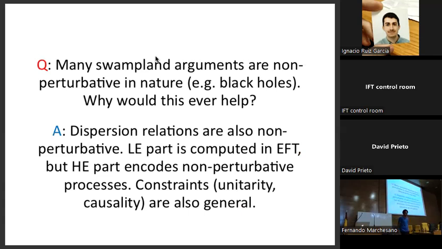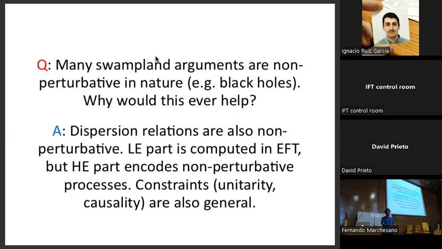But before I tell you what we do, you might ask, well, okay, you showed some things about EFTs, but why would you think that some of these things can help us constrain theories of quantum gravity, right? Like all the arguments we have are about non-perturbative stuff, like black holes, some very serious things, not about computing amplitudes in perturbation theory. But I want to make a point that these dispersion relations are actually non-perturbative.